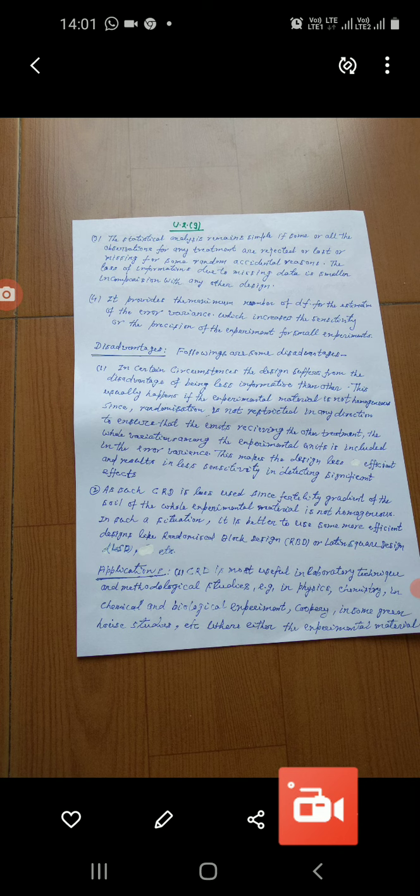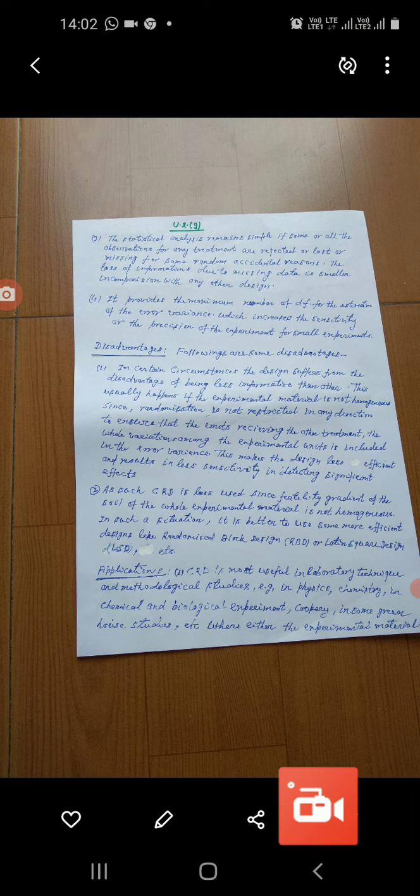The third point is that the statistical analysis remains simple if some or all of the observations for any treatments are rejected or lost or missing for some random accidental reasons.